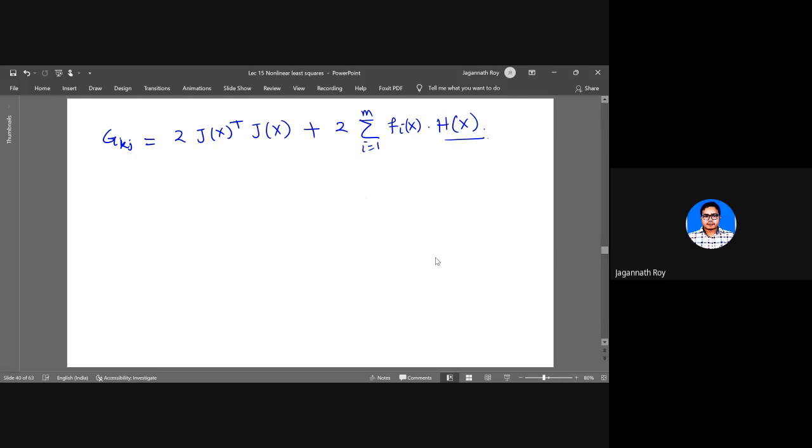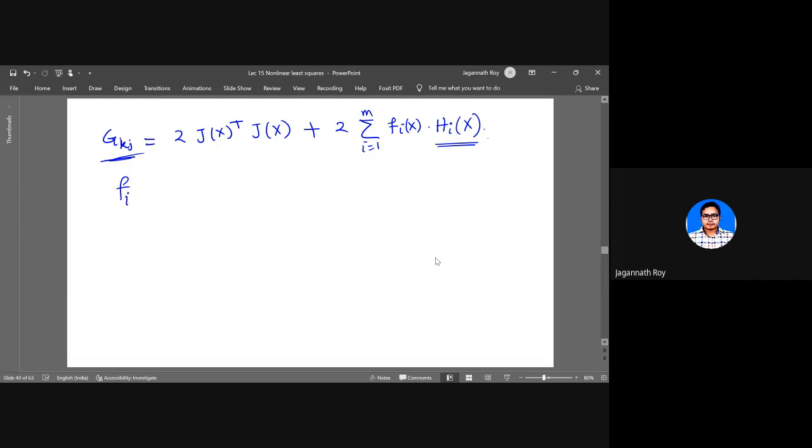So if you just write down, for example, g of x, if you consider all the derivatives, that is the Hessian, this will become, this is actually the Hessian matrix of f_i, because we have to understand that we now have m different functions.